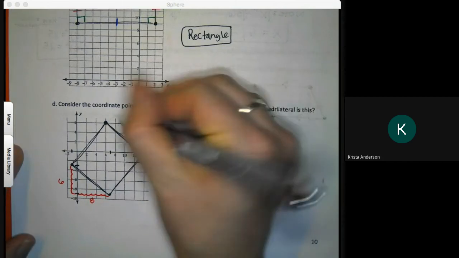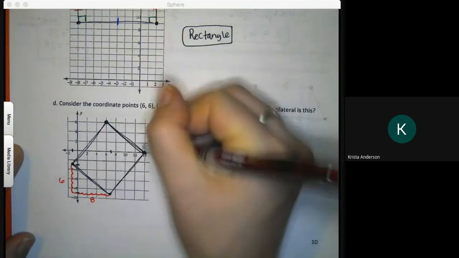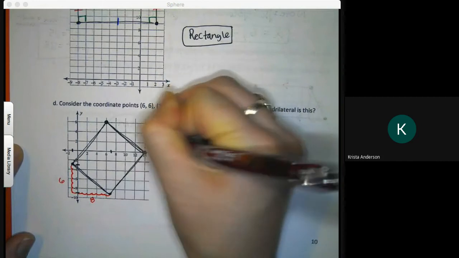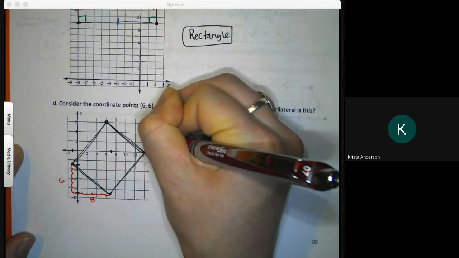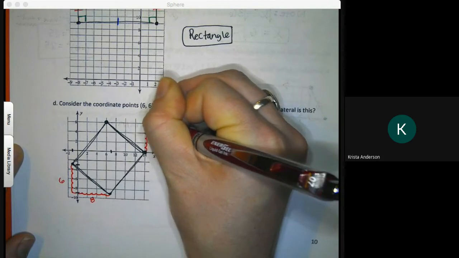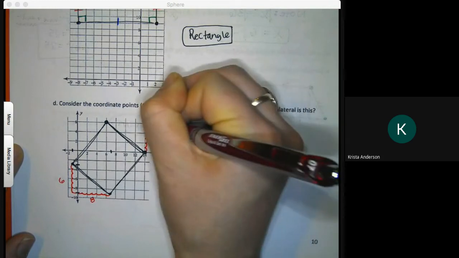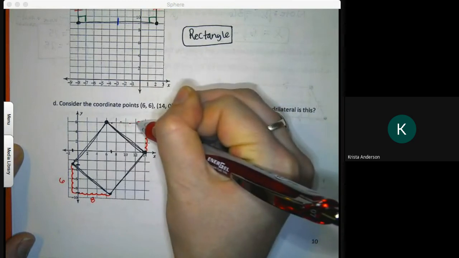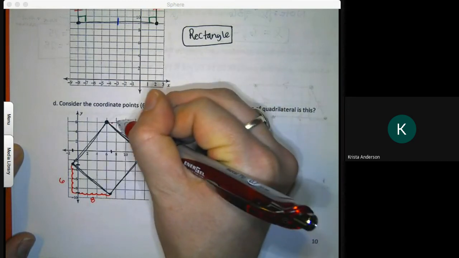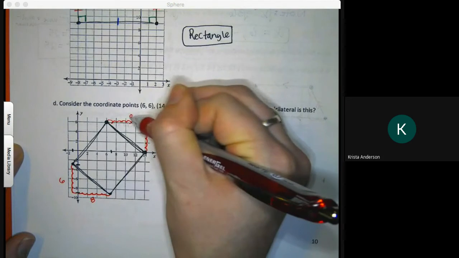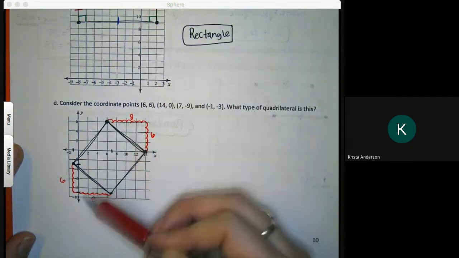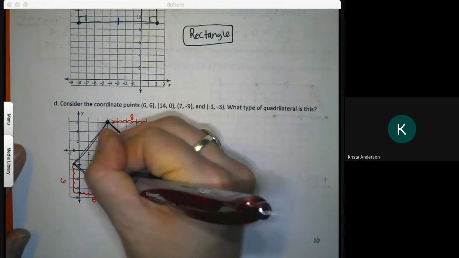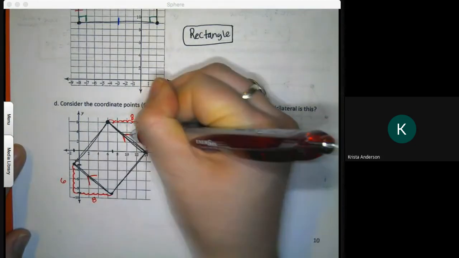I'm going to see if this one up here matches. 1, 2, 3, 4, 5, 6. 1, 2, 3, 4, 5, 6, 7, 8. Do these slopes match? Yes. That matches this one.